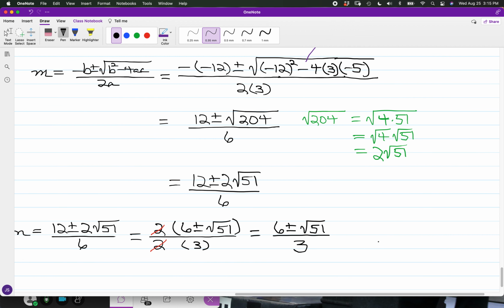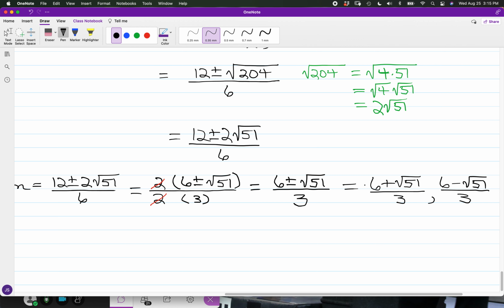And if you leave it in terms of Alex, you have 6 plus the square root of 51 over 3, and we have 6 minus the square root of 51 also over 3. And those would be your answers.